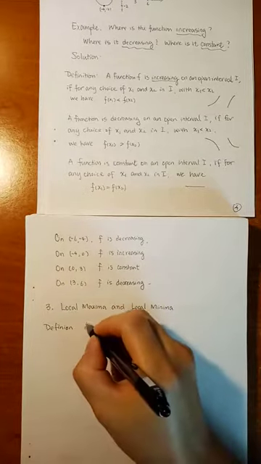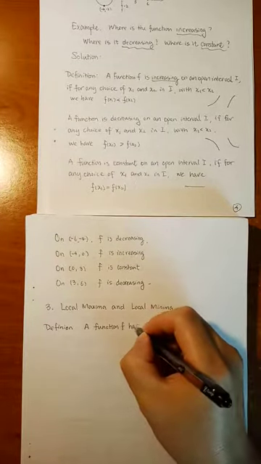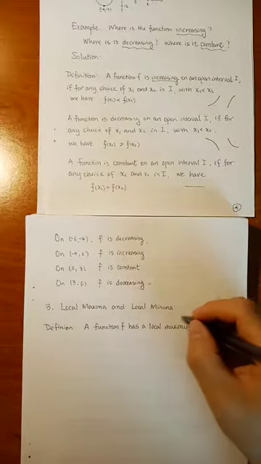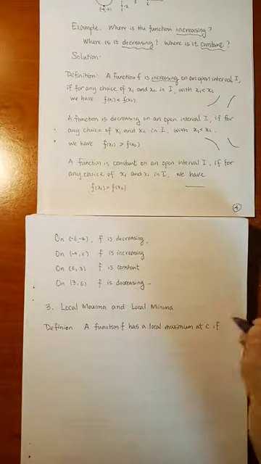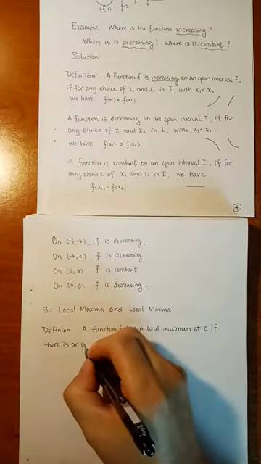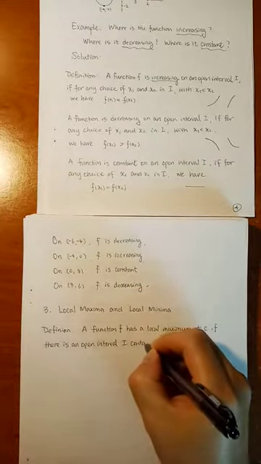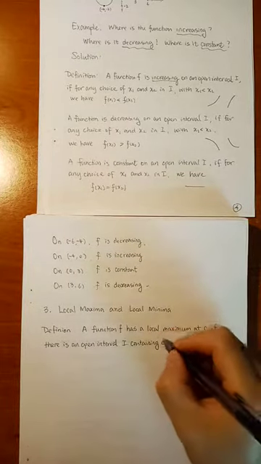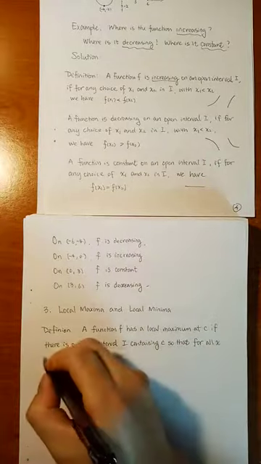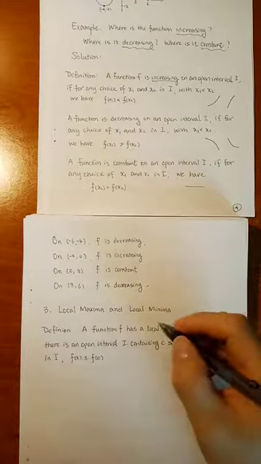A function f has a local maximum at c if there is an open interval I containing c so that for all x in I, f(x) is less than or equal to f(c).